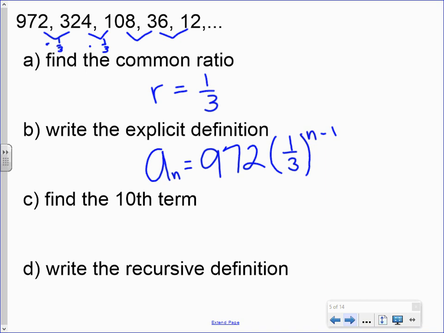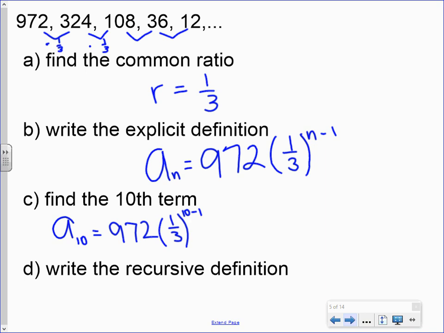Now, how would we find the 10th term? Plug in 10 for n. That is why explicit definitions are nice, because we can find the 10th term no matter how many terms we have. Recursive definition, not so much.